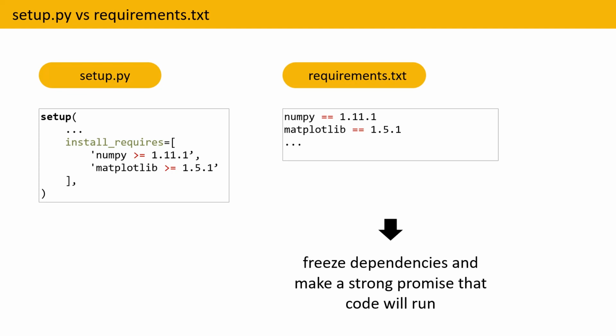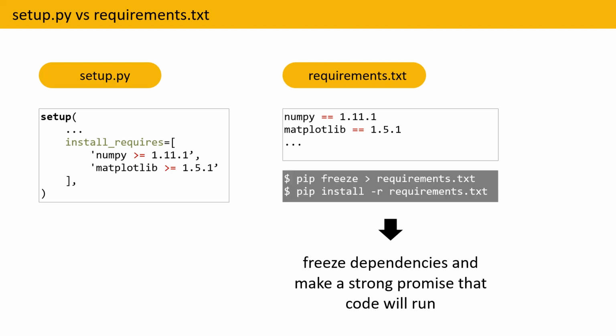Requirements.txt makes a strong promise. If you install the exact versions of the dependencies listed in requirements.txt, this code will run. Usually, requirements.txt is created by calling pip freeze, which copies the names and exact versions of all packages installed in the current environment into requirements.txt.